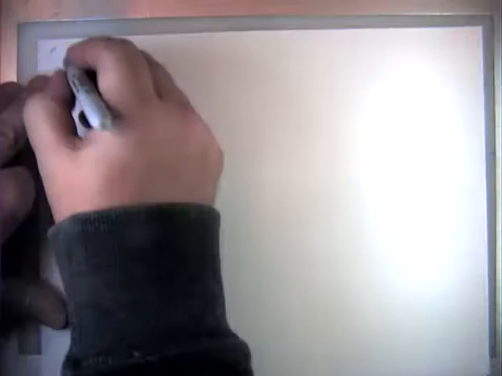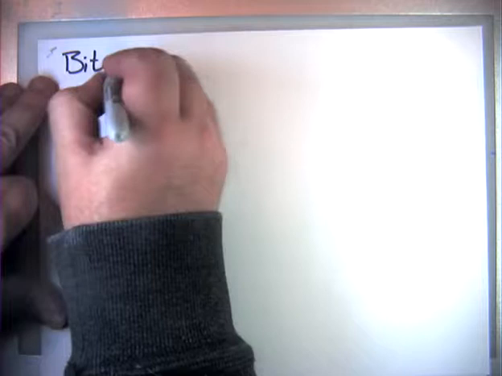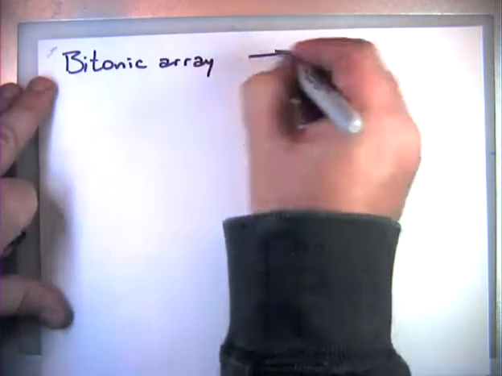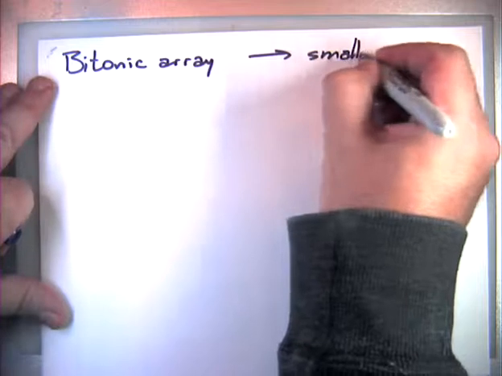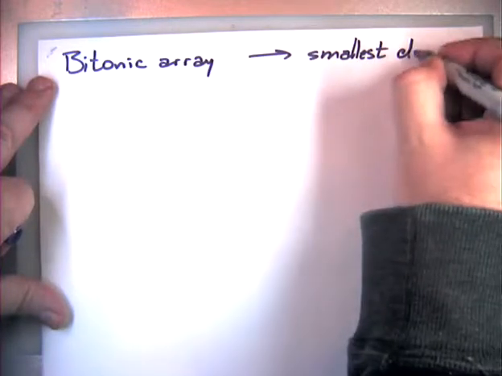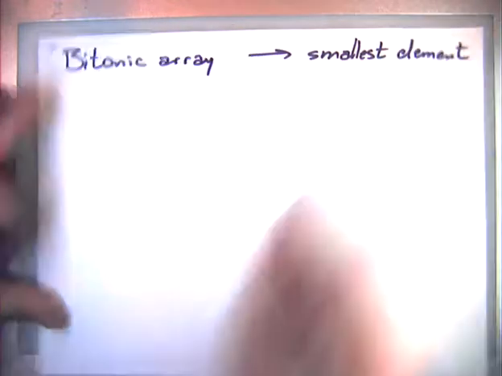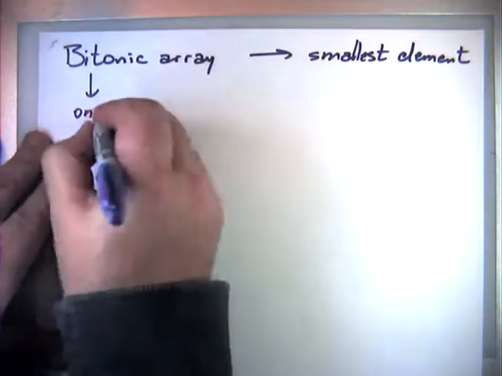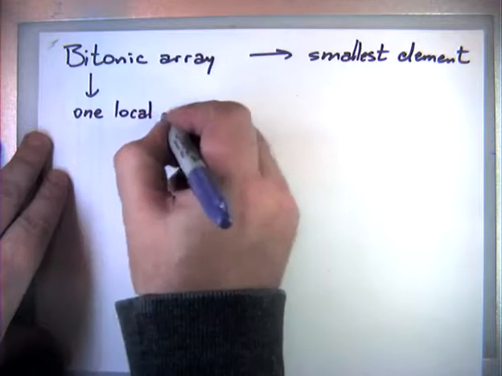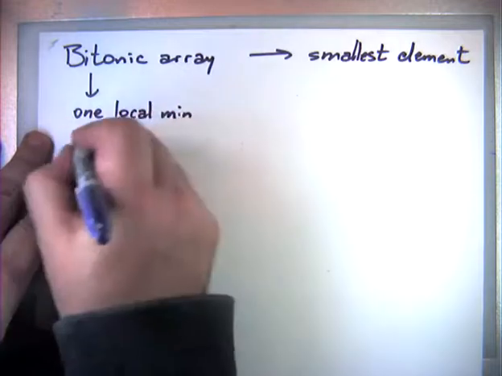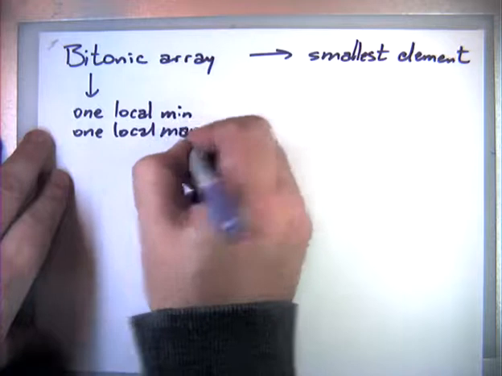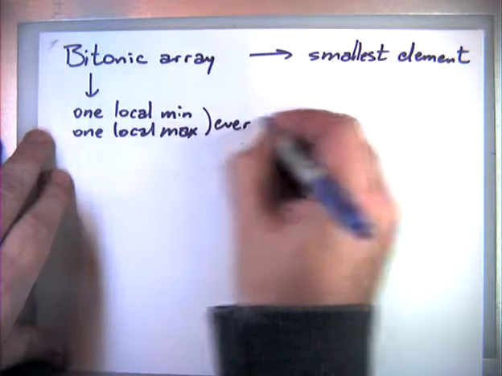Okay. So you have a bitonic array, and I want to find the smallest element. So just so everyone is on the same page, what bitonic means is that I have one local minimum and one local maximum, even if I can wrap around.